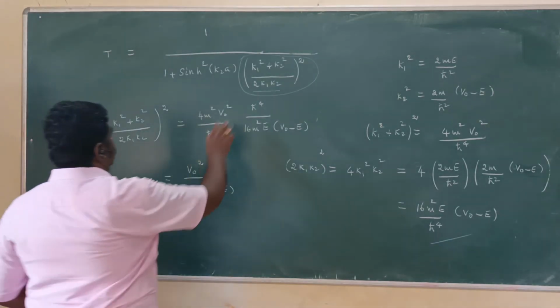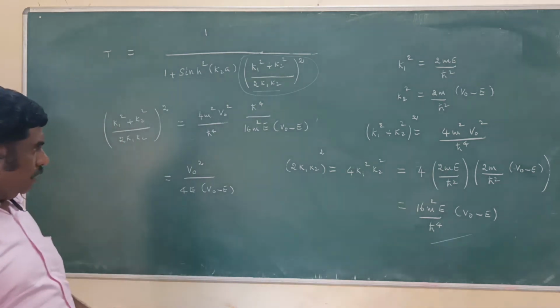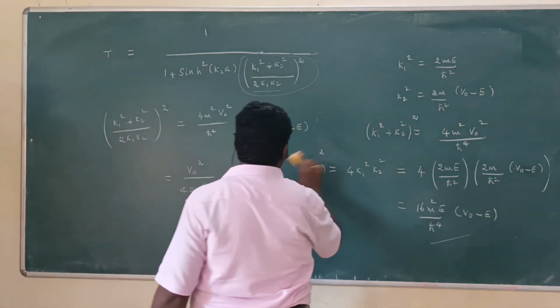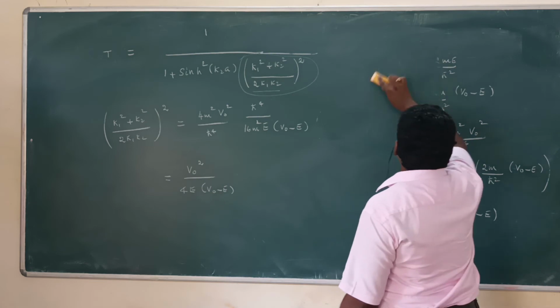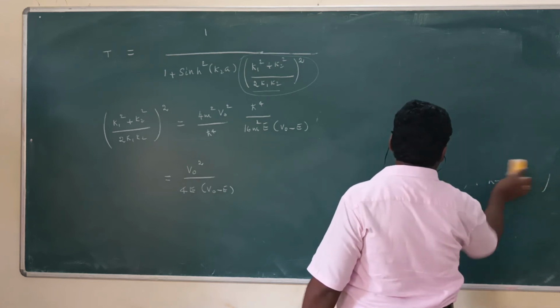This is this factor. Now we should calculate the transition probability value T by substituting this value in the above equation.